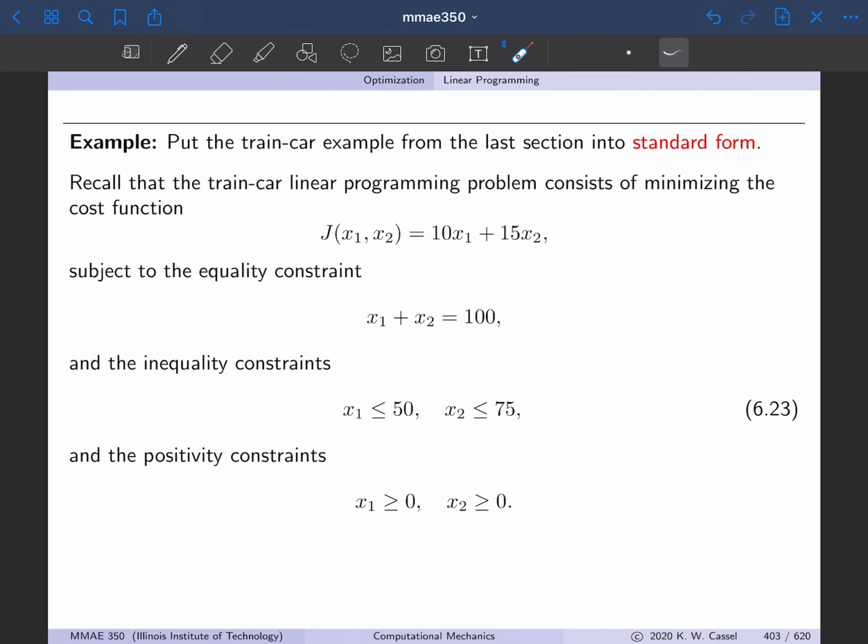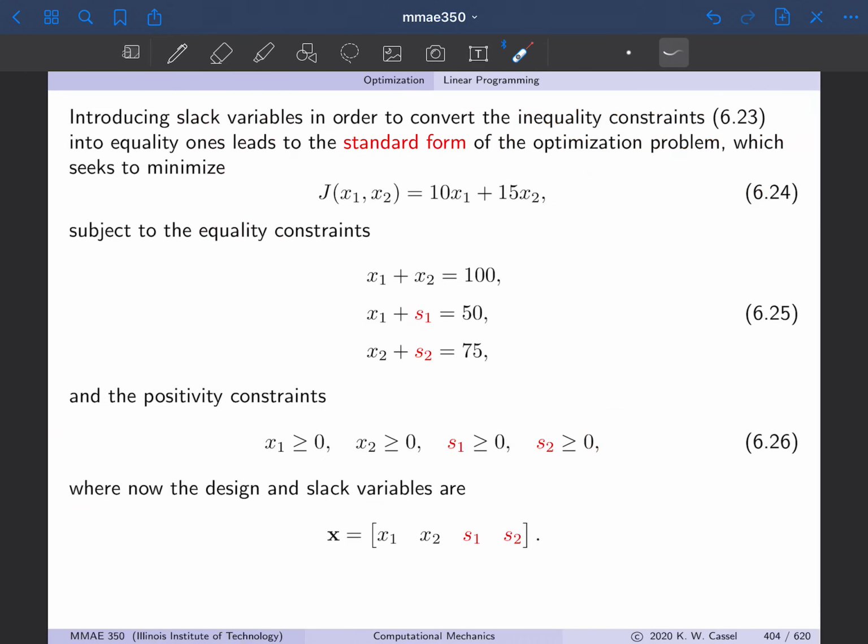So just taking a look at those, x1 is less than or equal to 50. That means that no matter what x1 is, between 0 and 50, there's some value of s1 that when you add it to x1 will add up to 50. So again, it's taking up the slack in the x1 equation. So x1 plus s1 is now equal to 50.